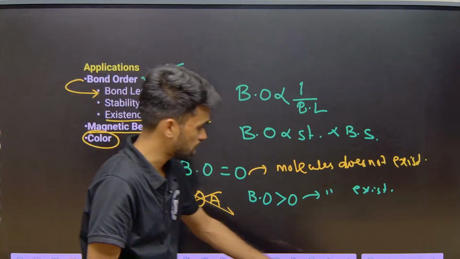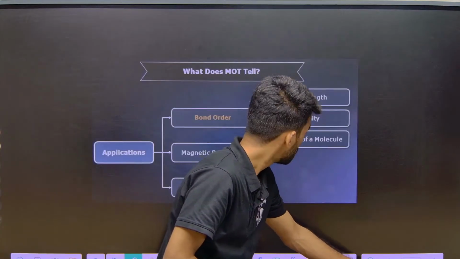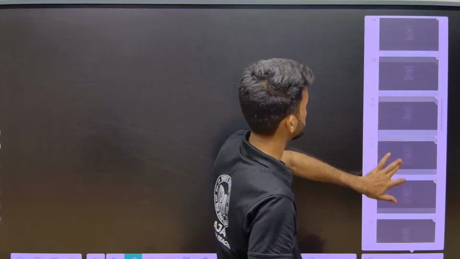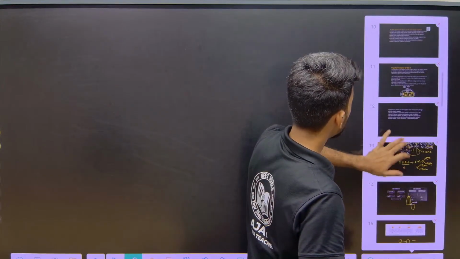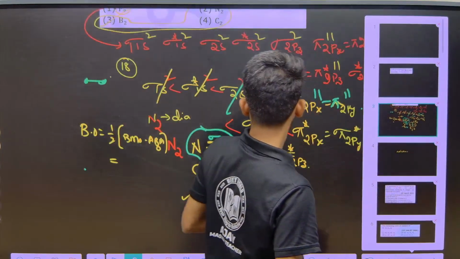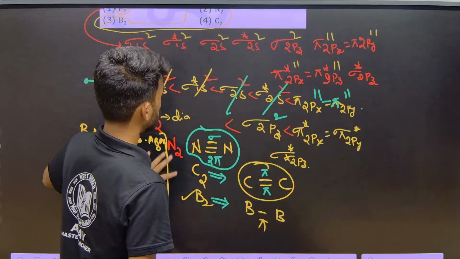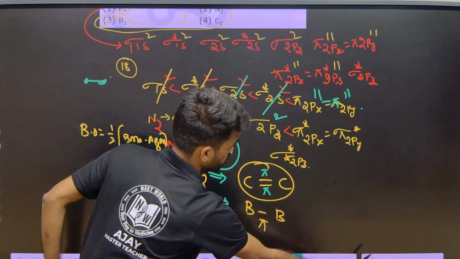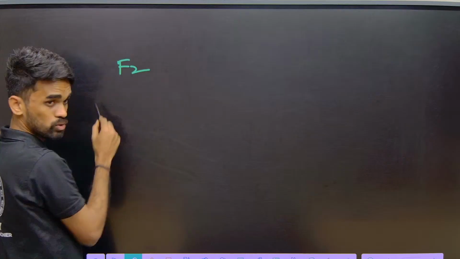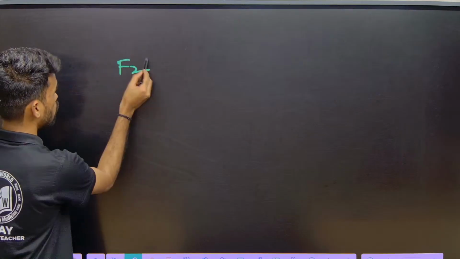So for example, here we are discussing now. Let me take one more page. For halogens, let us say F2. Tell me how many electrons we have?